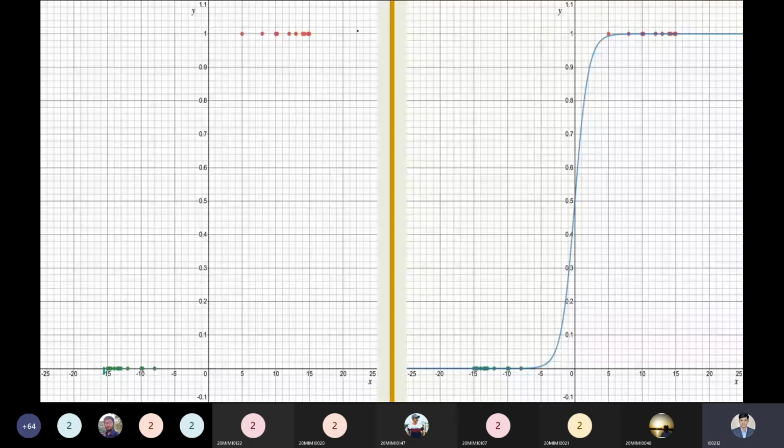When we have values that lie between 0 and 1, we assume 0.5 is our threshold value. So when we have values of 0.5 or more, those data will be considered in category 1.